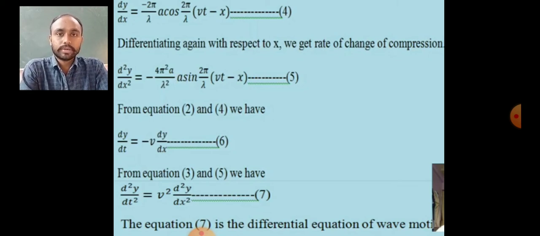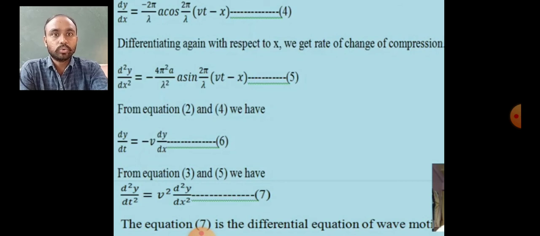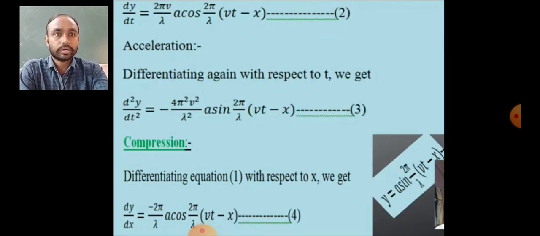So that equation 5 gives you the rate of change of compression, right. Now, look at equations 2 and 4. What is equation 2? dy by dt is equal to 2 pi v by lambda a cos 2 pi by lambda (vt minus x), equation 2.